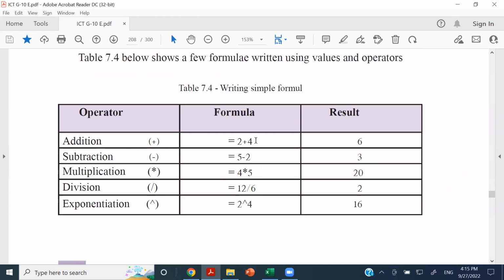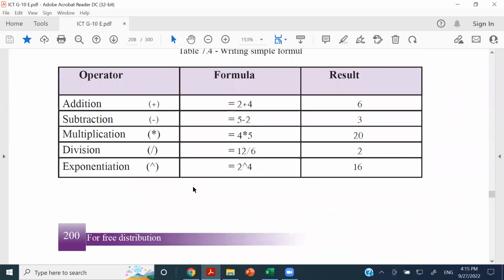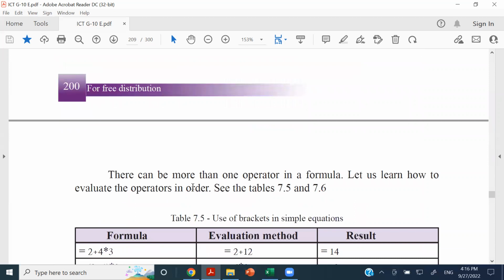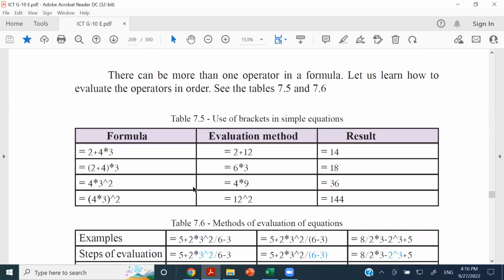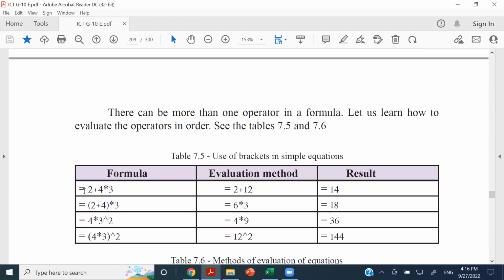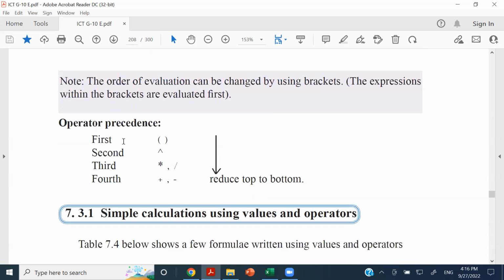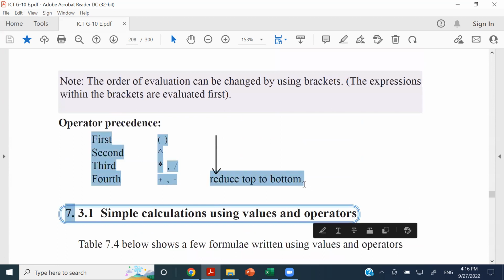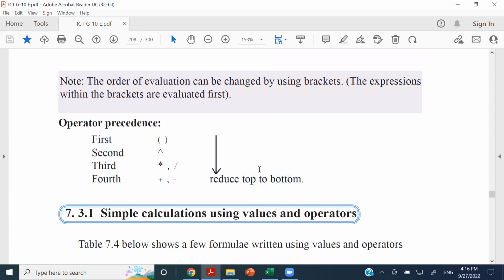Here you have just one operator, but when there are more operators, something like 2 plus 4 into 3, you have to consider this priority list. All right, people, are we clear about this? Yes, sir.